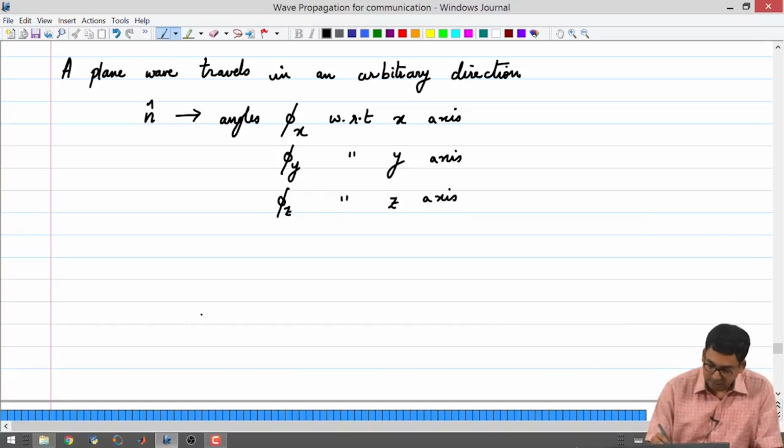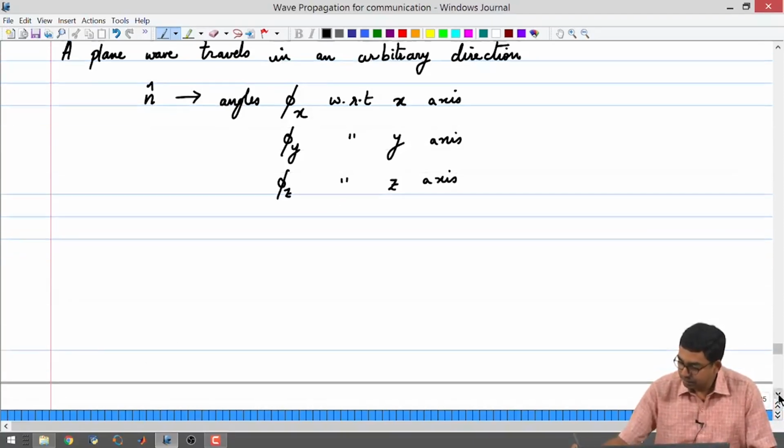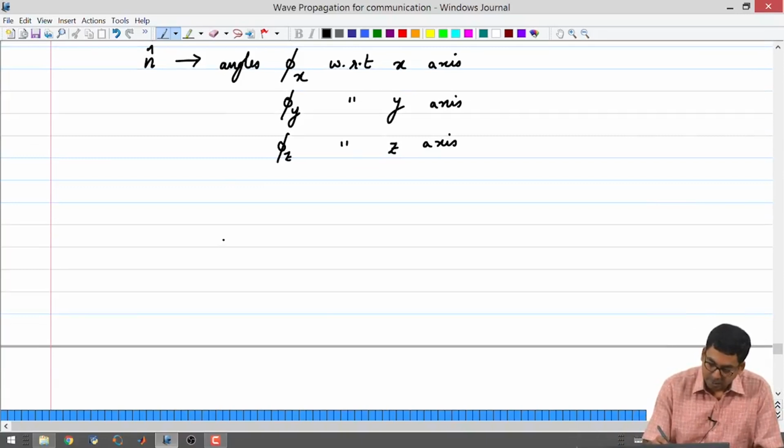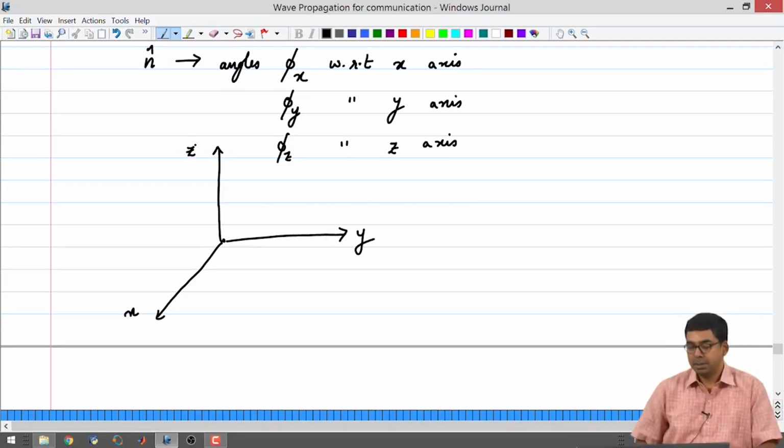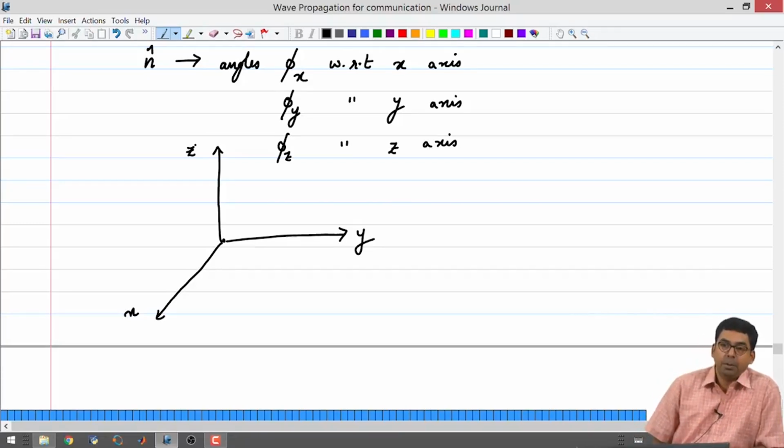Okay. So, let us draw a diagram, and let us mark our coordinate axis. Say I am having x, y and z. It is going to be tough for me to draw in 3D, so you have to make some imagination.